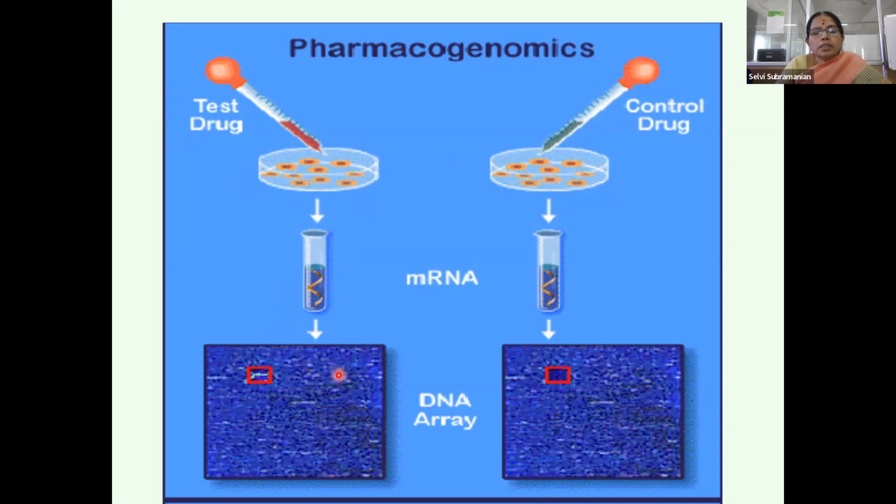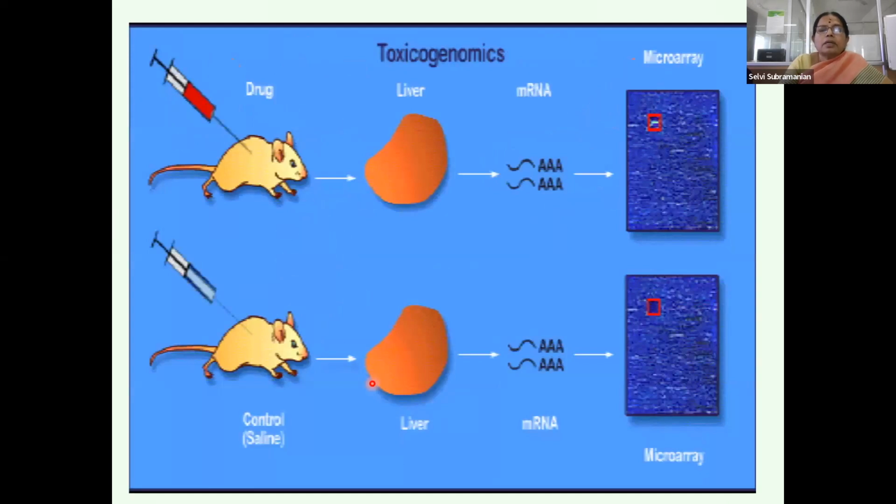What are the enzymes which are triggered? What are the transporters which are triggered? What are the receptors which are triggered when the drug is applied? After applying a drug to a particular cell of interest, which genes are upregulated or downregulated will tell us what the transporters or receptors are. We can identify those genes like that, and then based on that, you can also measure the phenotype.